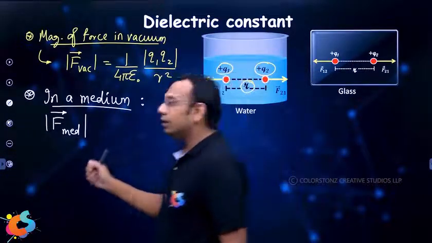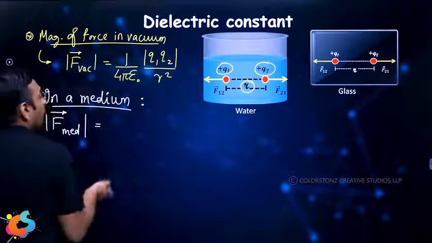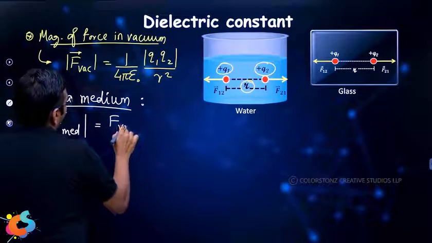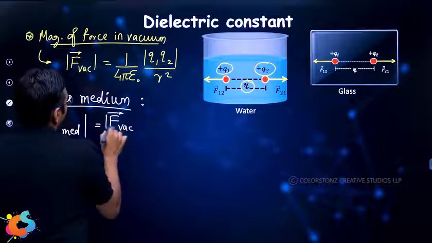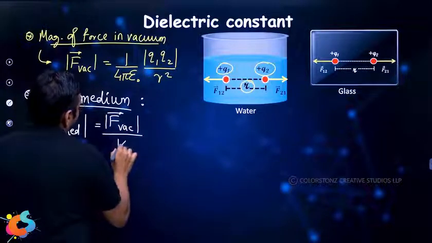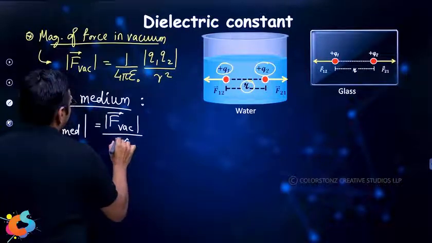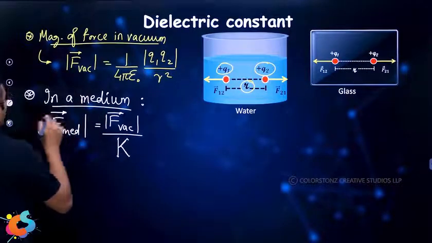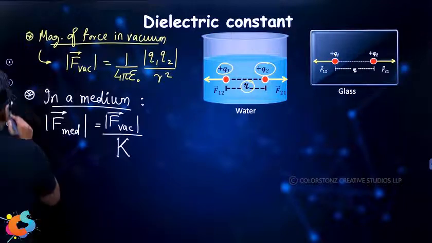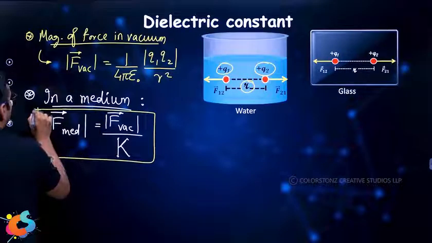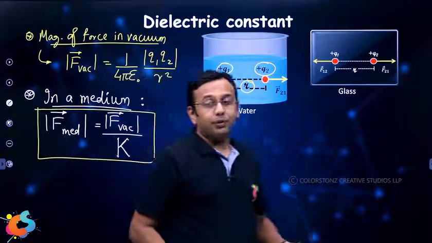So F in medium is 1 by K times F vacuum, or F vacuum divided by K. Remember, this is capital K. In some books, this is represented as kappa also, that is the Greek letter. So this is the formula which we get.